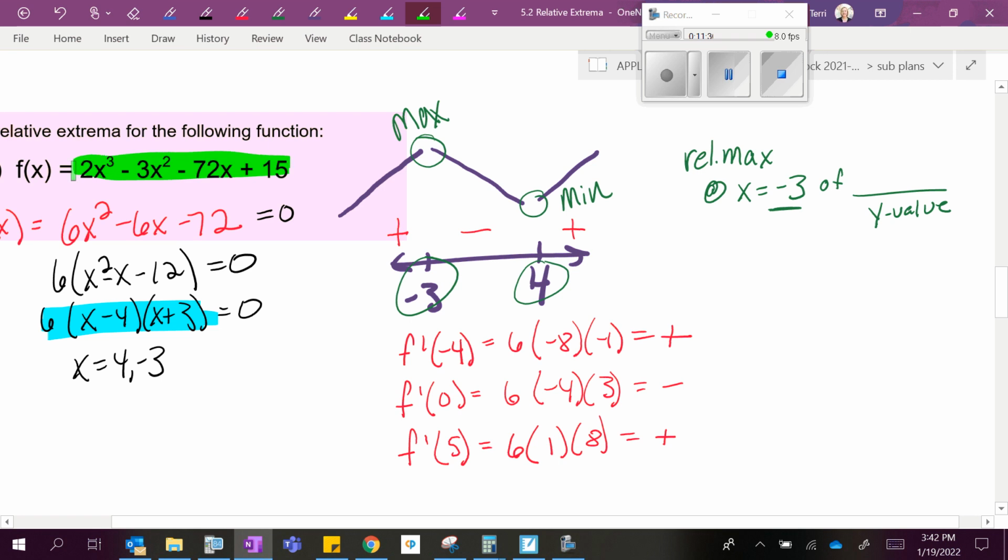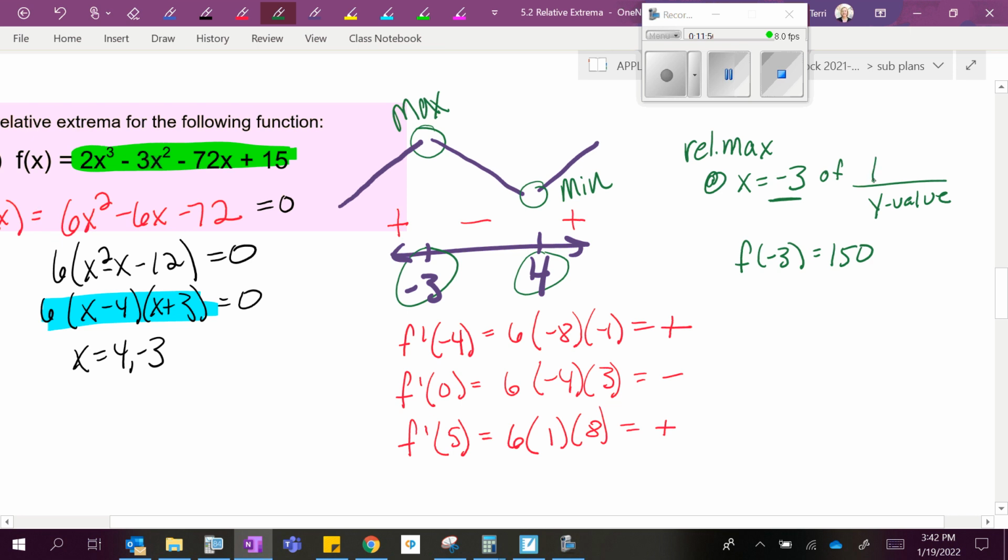So I'm going to go back to my original equation, and I'm going to find f of -3. If you plug it in, you'll find that that is 150. I encourage you guys to plug it into your calculator. So I have a relative max at -3 of 150.